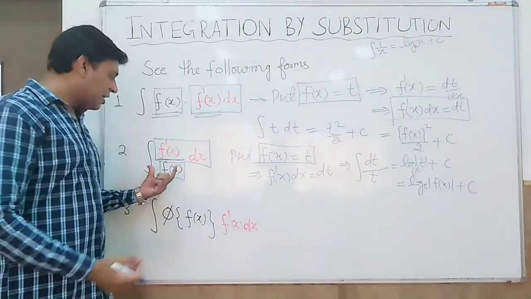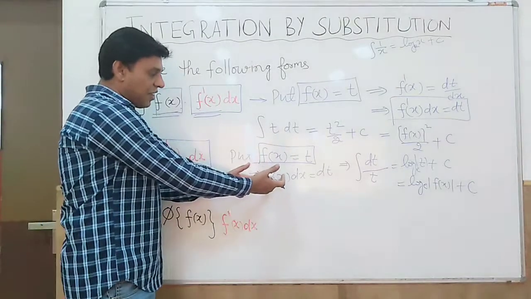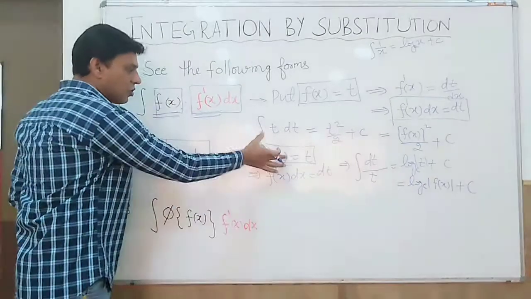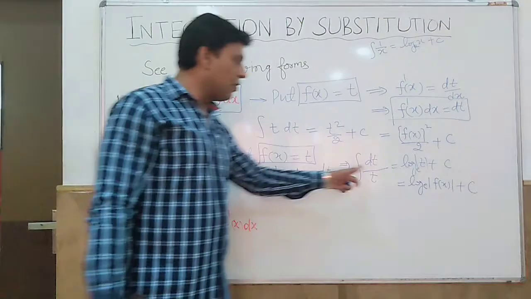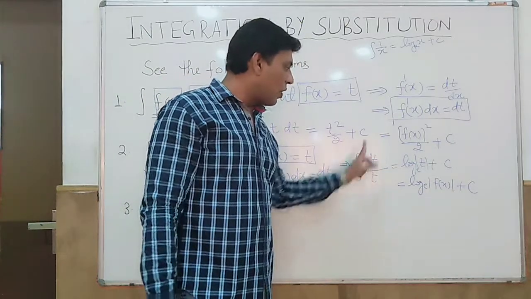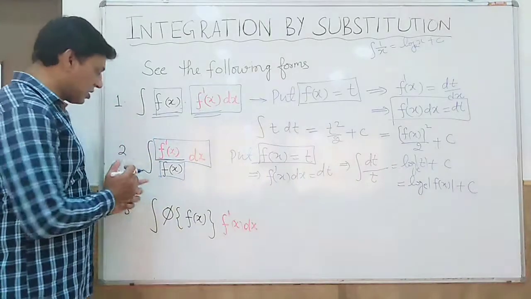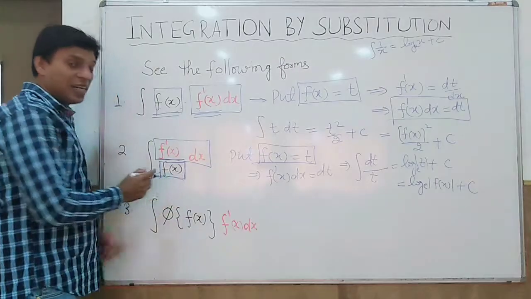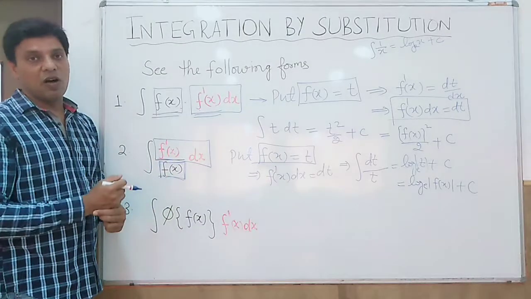So see again, you have put f x is equal to t. Then after differentiating, that is f dash x with dx is equal to dt. So these two substitutions you are putting in your integration, and you will have 1 upon t dt, then you can solve. And keep in mind this thing, whenever you have this situation that in the denominator there is a function and in the numerator the derivative of that function.